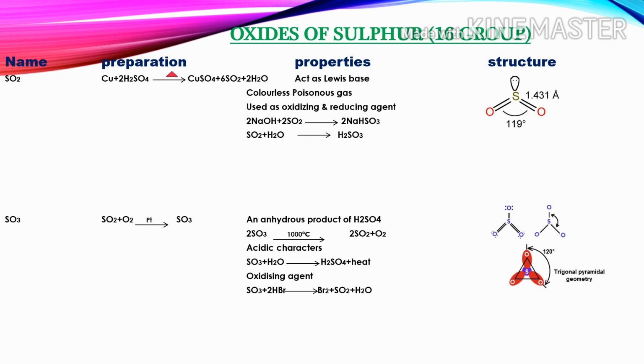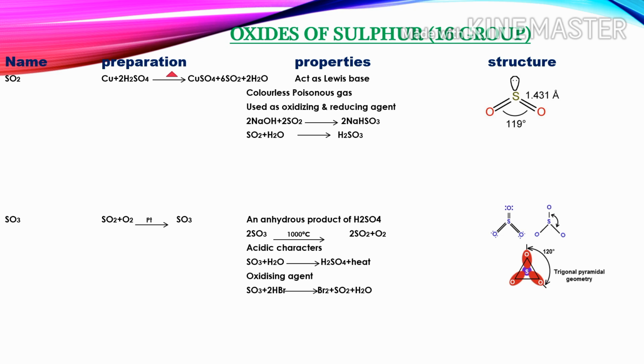Sodium hydroxide reacted with sulfur dioxide gives sodium bisulfite, and sulfur dioxide dissolves in water forming sulfurous acid. The formula of sulfurous acid is H2SO3.